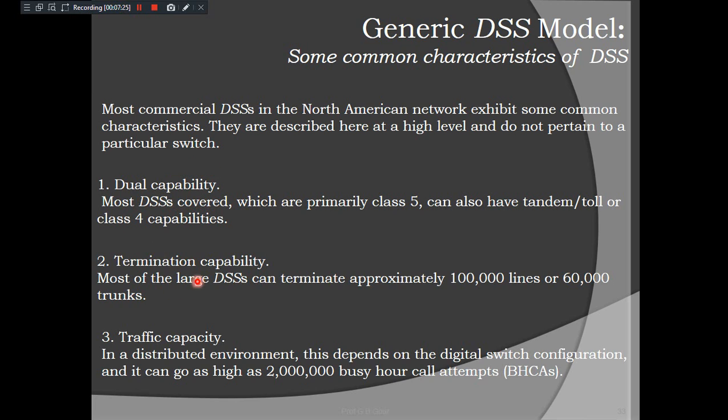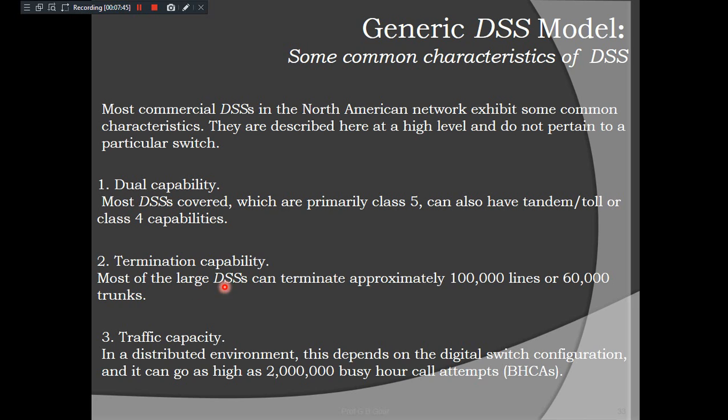Second one, termination capability. Most of the large DSS can terminate approximately 1 lakh lines or 60,000 trunks. So normally large DSS have the capability of handling this many lines or trunks.